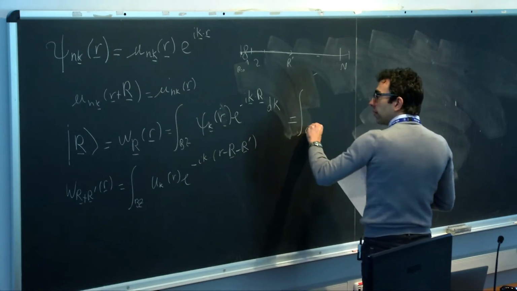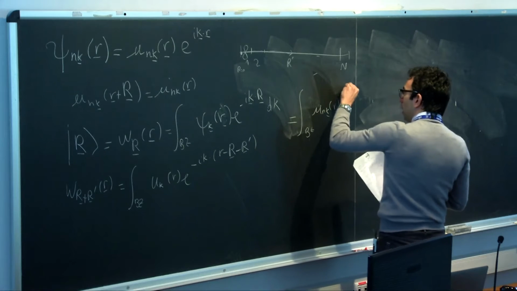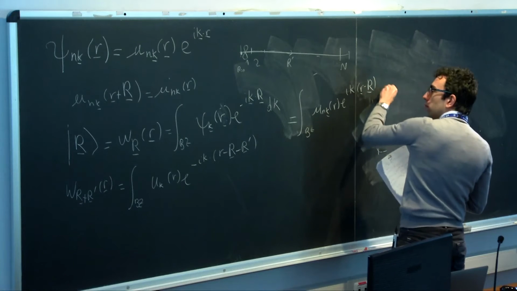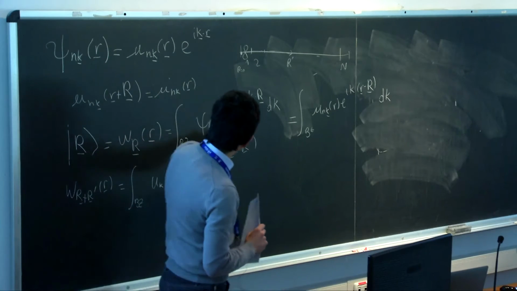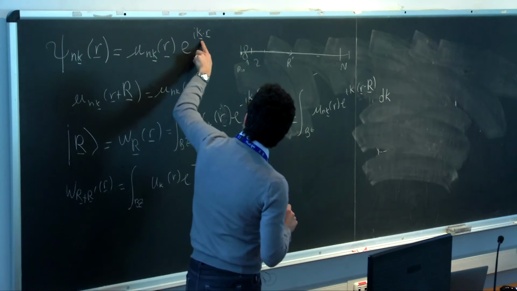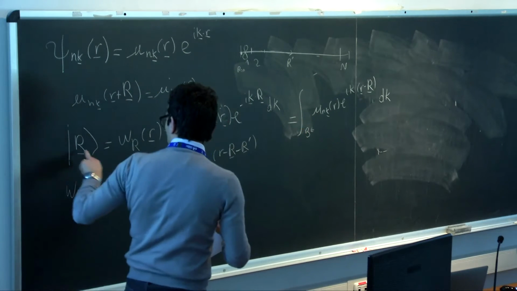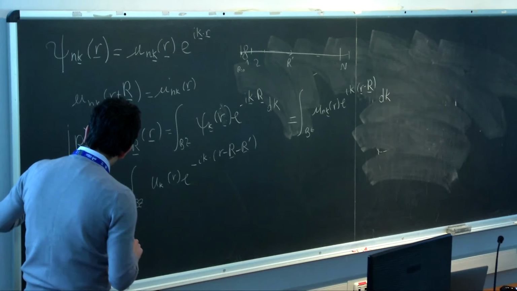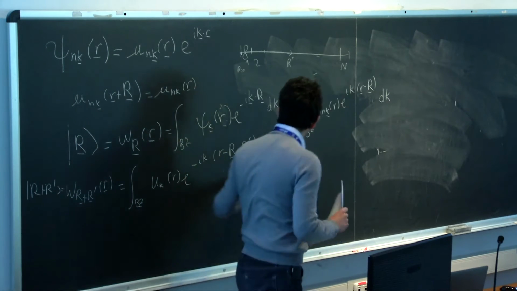So you have the integral over the BZ of u_k(r) e^{ik(r - r')}. Here I just replaced psi with this formula, and so I get an e^{ikr} here minus r. That's the definition for r. If I choose a different index, r plus r prime, I just replace here the index.